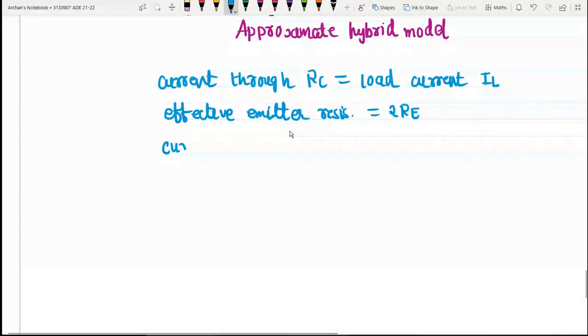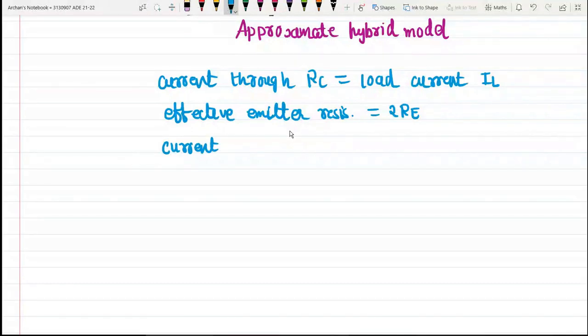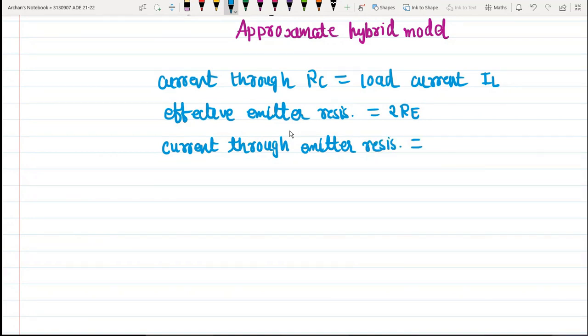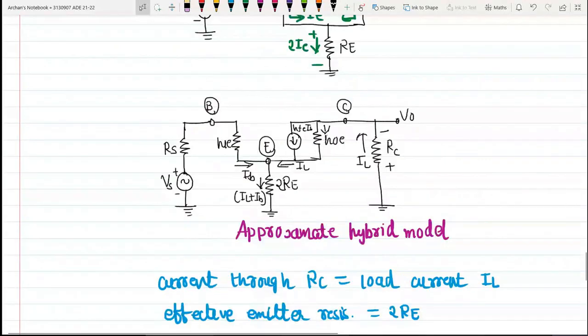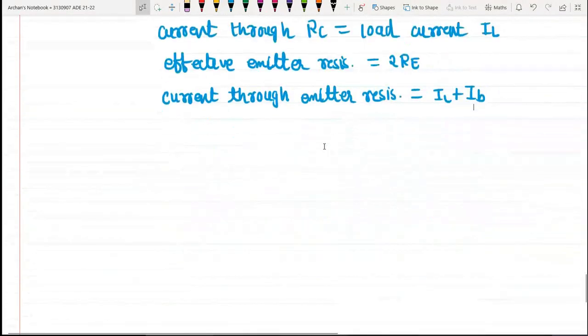So the current through the emitter resistance is equal to IL plus IB, and the current through HOE is the difference between IL and HFE IB.